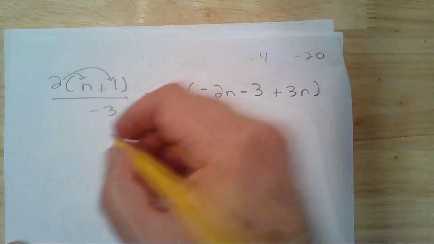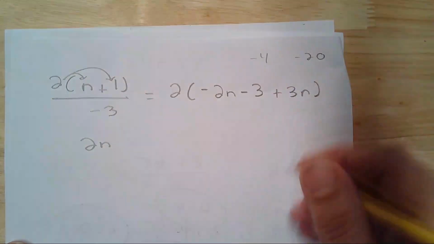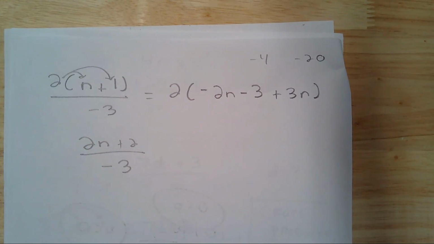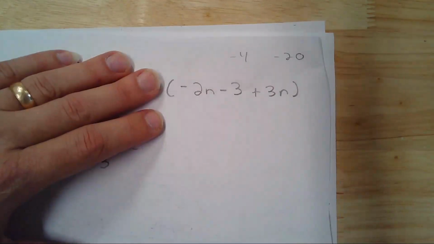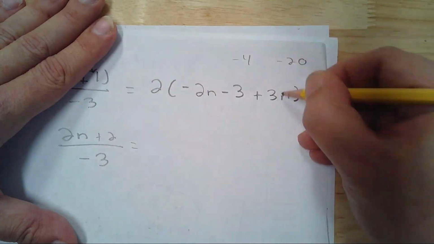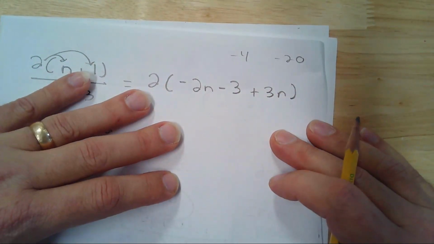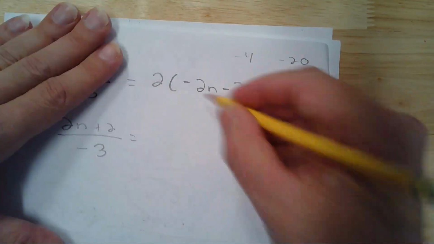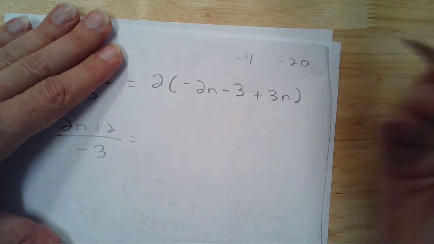So 2 times n is 2n plus 2 over -3 on that side. Over here, I can distribute, 2 times that, 2 times that, 2 times that, rewrite, and then combine like terms. Or I can combine like terms first, which is what I want to do.